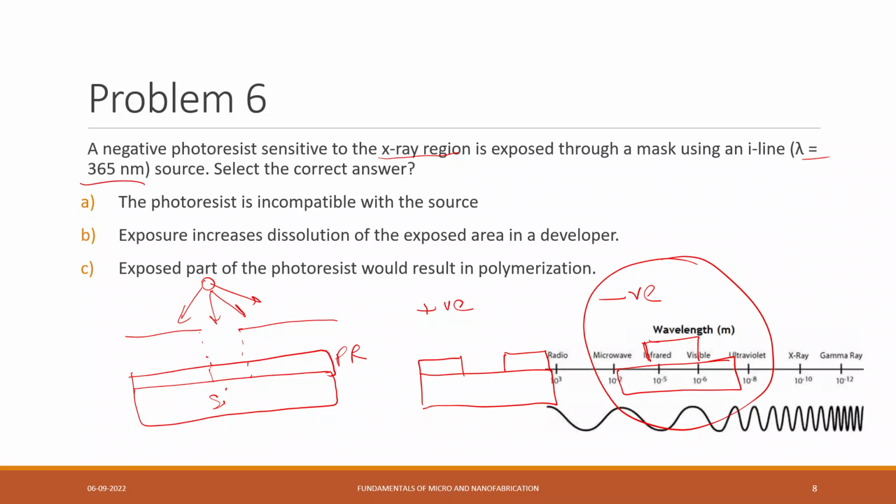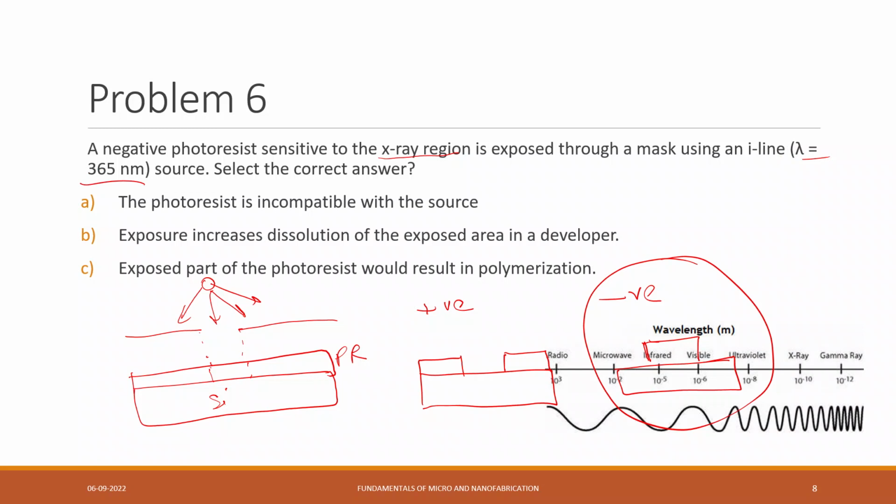We know that these photoresists are made in such a way that they are very selective towards the wavelength they are sensitive to.